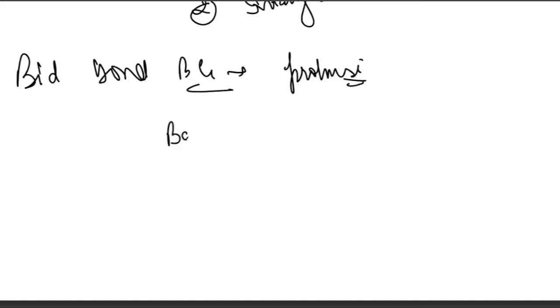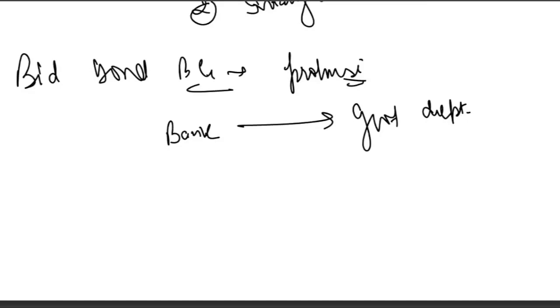It is a promise that the bank gives to the government department, that if the bidder goes away, or does not sign the contract, or if any unforeseen circumstance happens, then the bank will reimburse the government. That's why the BG validity period is equal to the complete tender process period, right?